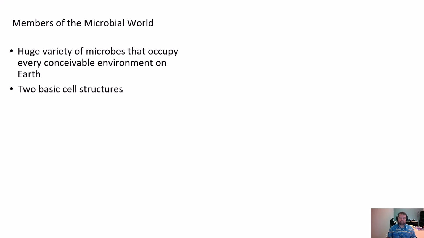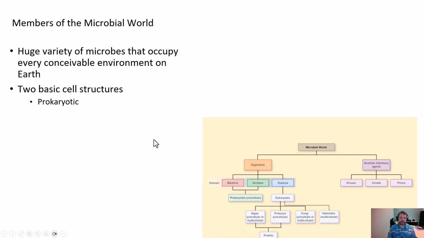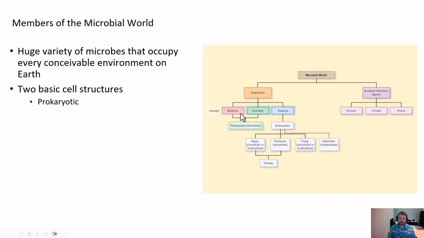When we use the term microorganism, we can talk about two basic cell structures. We have cell structures for prokaryotes, or prokaryotic cells, and those are organisms that belong to the domain Bacteria and the domain Archaea. Those are the prokaryotes.